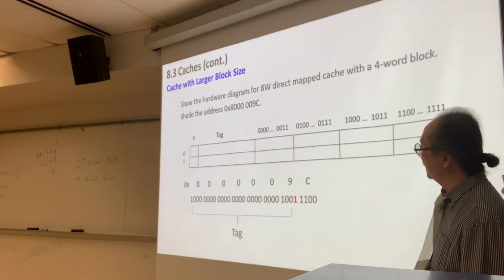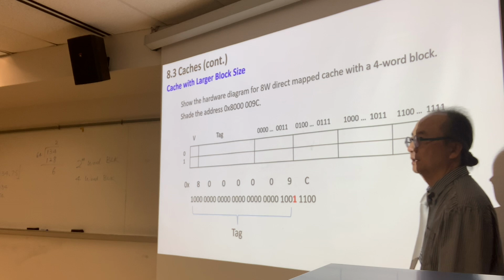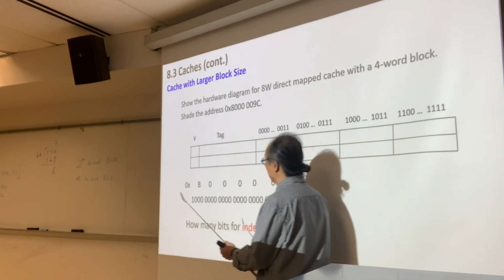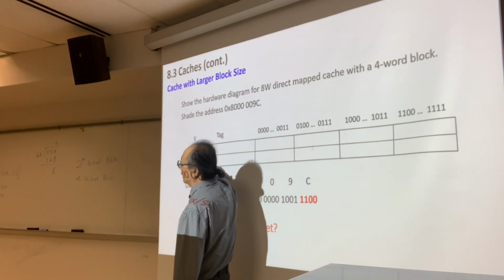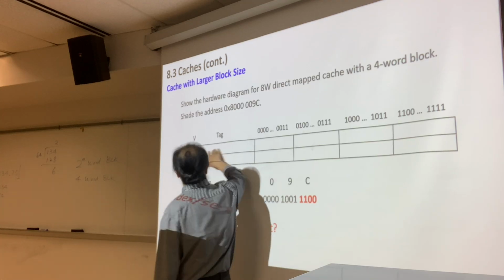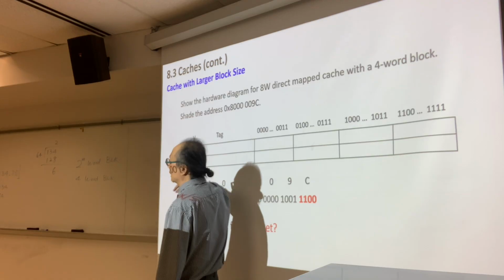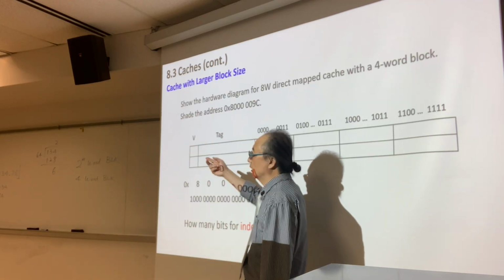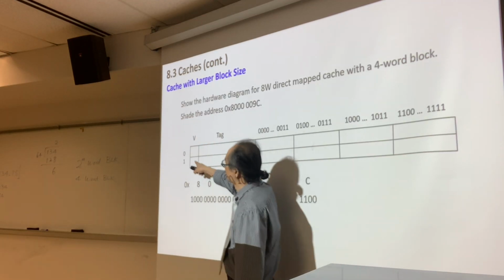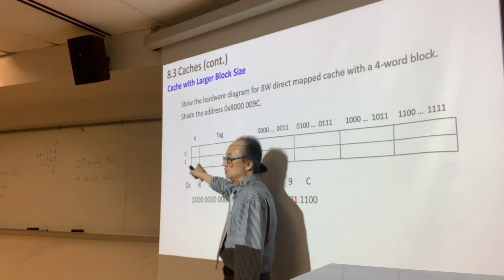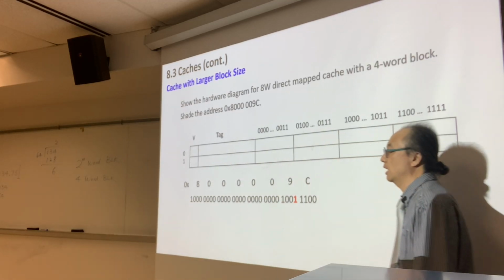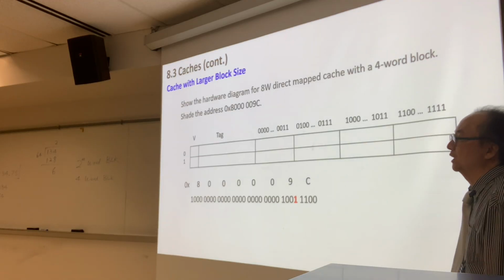And what about the tag? The rest is the tag. Index means the name for each block. How many bits do we need to name this using binary numbers? Since we have only 2 blocks, 1 bit, 0 or 1, will do it. That's why this is block 0 and this is block 1, and we need only 1 bit for the index.